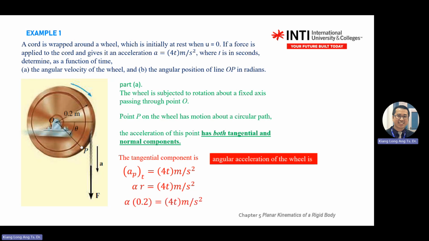You have your r, so you move your 0.2 to the left hand side. So alpha equal to 20t rad/s squared. Nothing complex here. You just apply the general equation, look at what is missing, and then move things here and there.